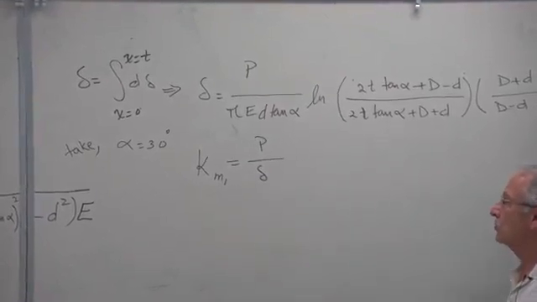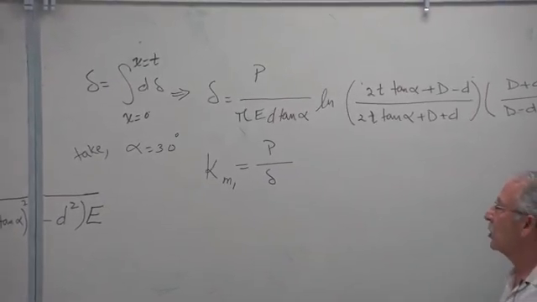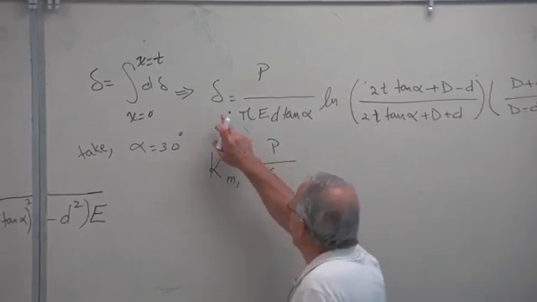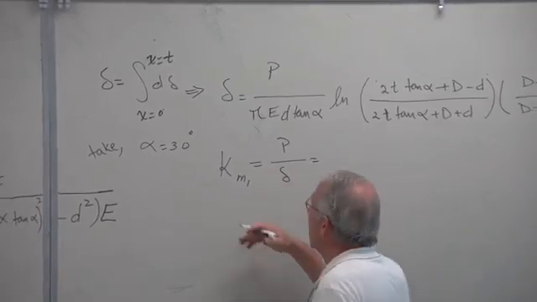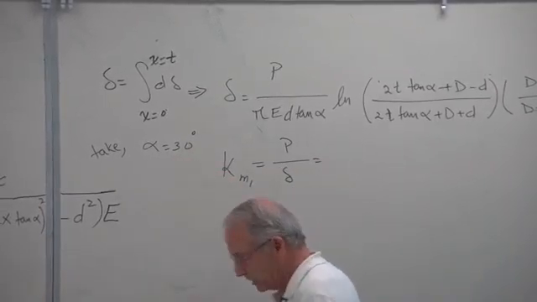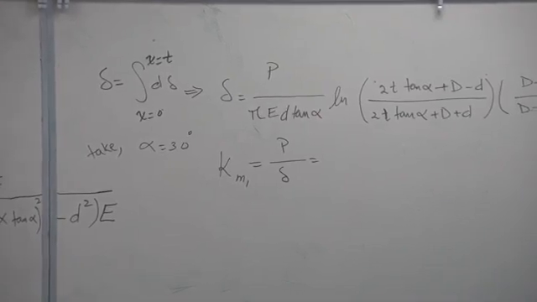That'll give you the stiffness of that part of the member. So this is delta. You substitute that down in here, and you will have the stiffness. And with alpha equal to 30 degrees, it will turn into this equation.